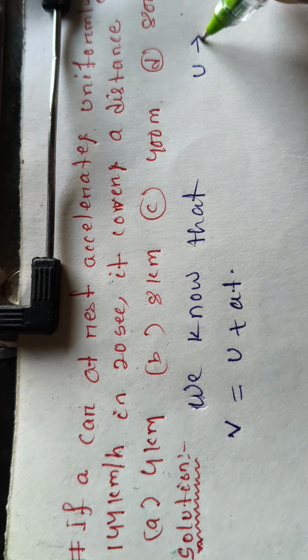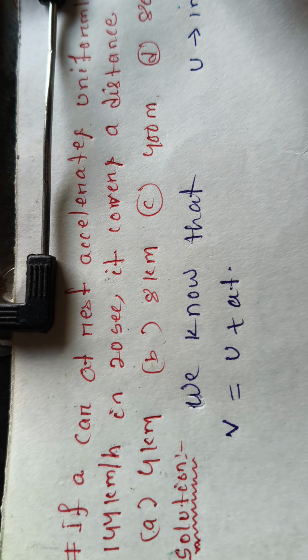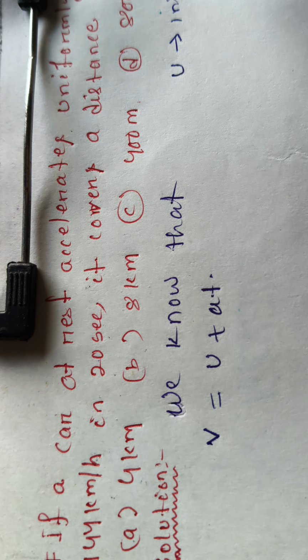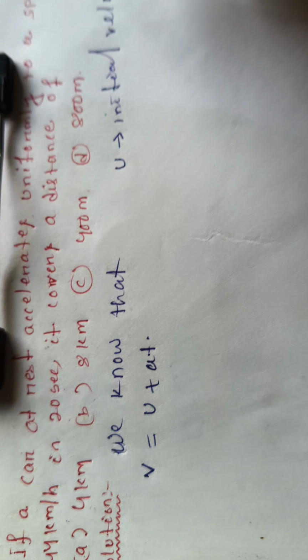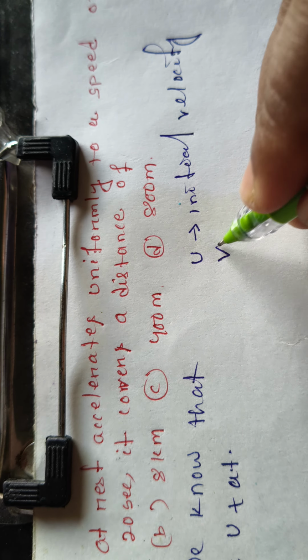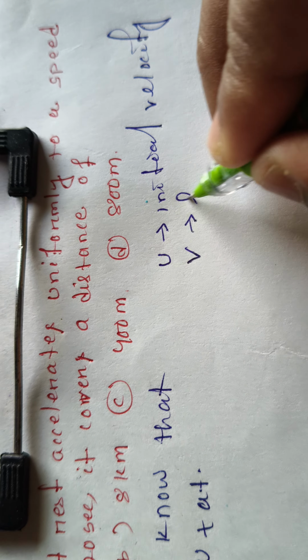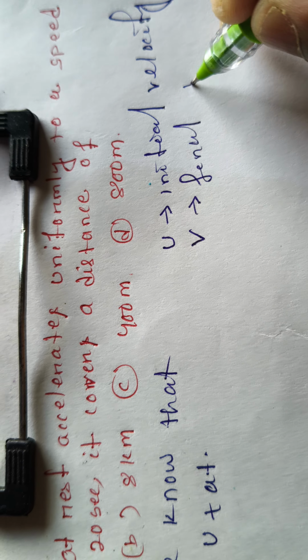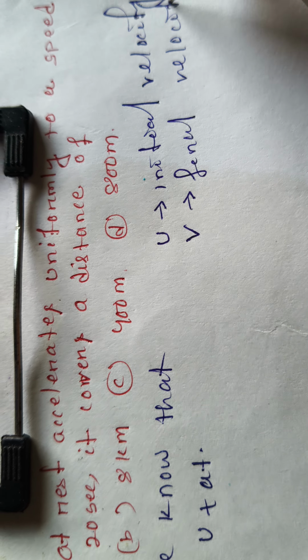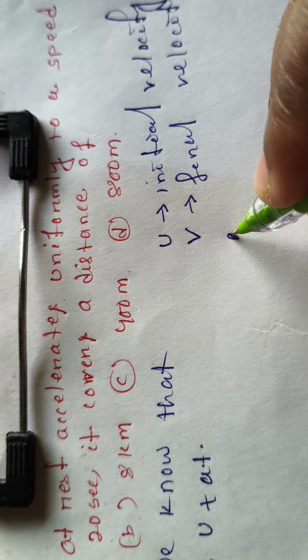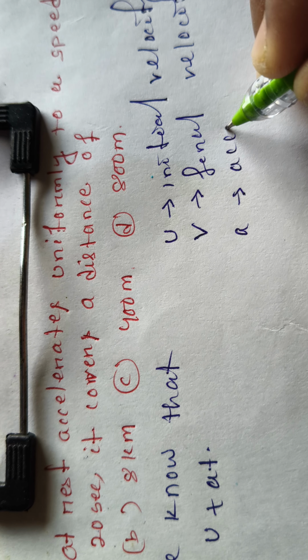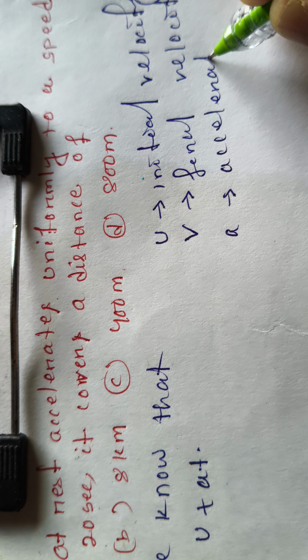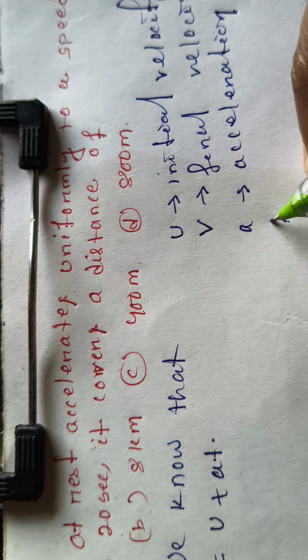Here u is equal to initial velocity, v equal to your final velocity, a is the acceleration, t is equal to time.